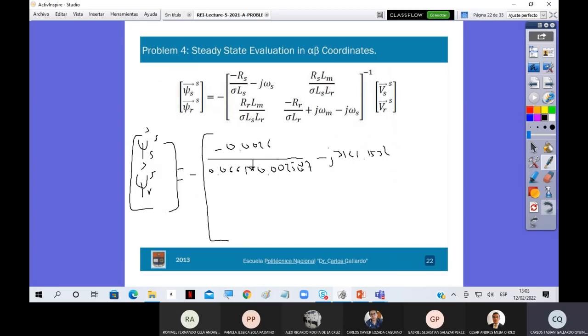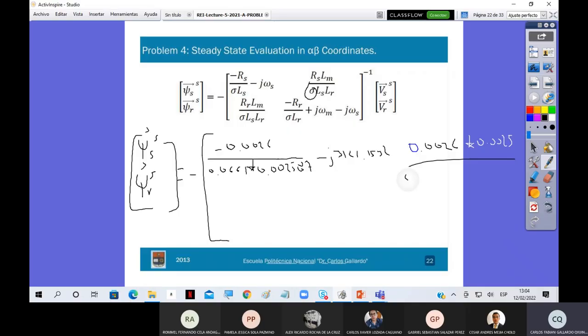Let's use another color. Okay, so I will have 0.0026 times 0.0025 over the leakage coefficient.